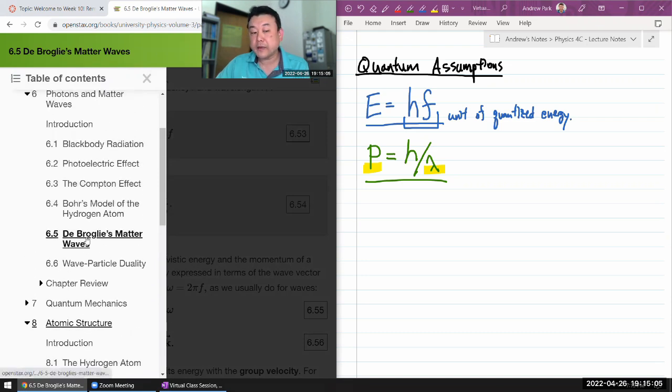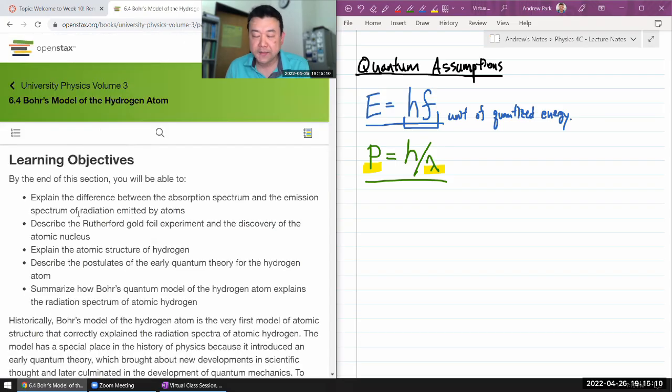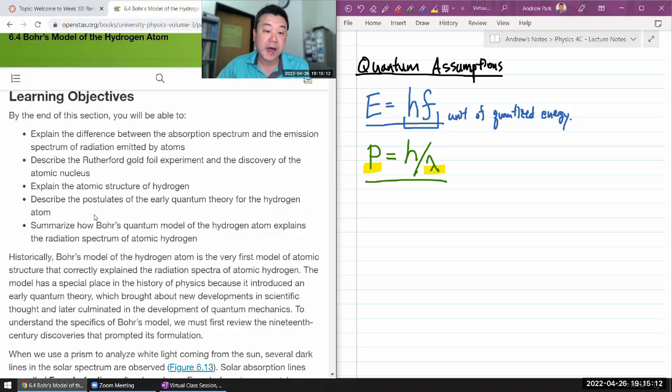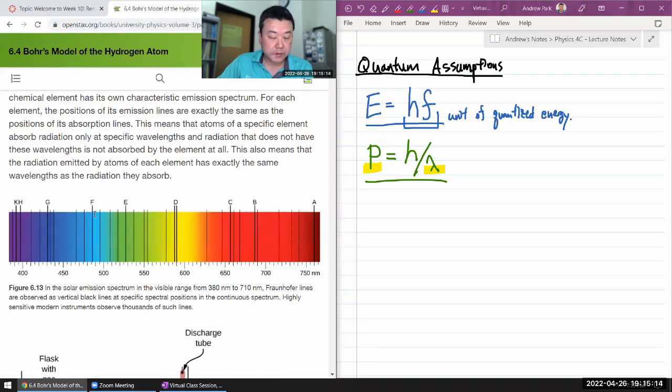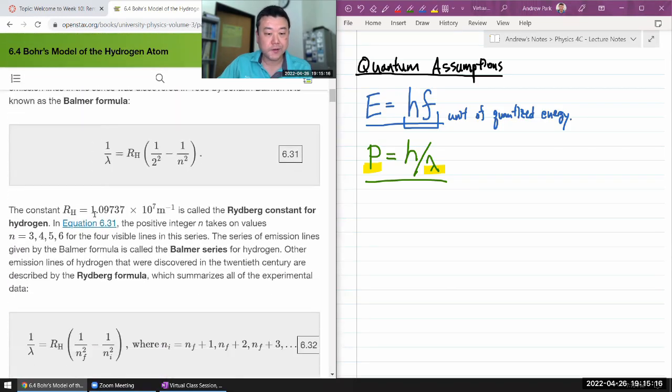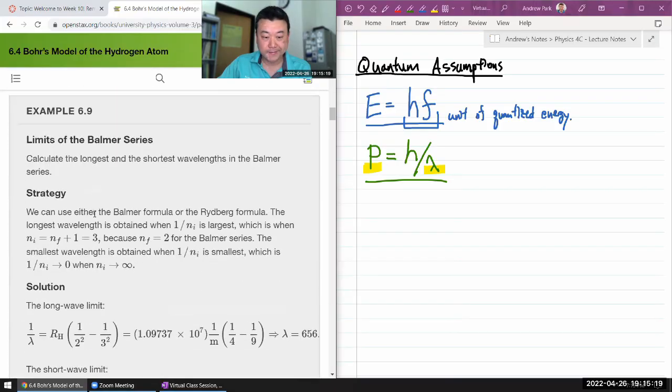The place where this assumption gets introduced is in Bohr's semi-classical model of the hydrogen atom. So let me scroll to the place where Bohr's assumption comes in.